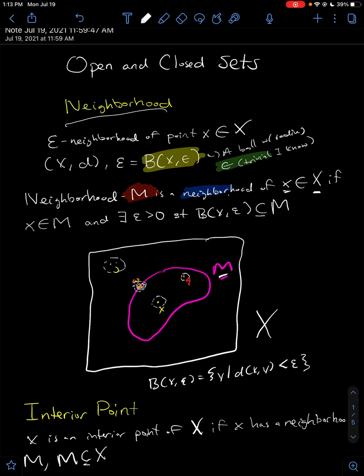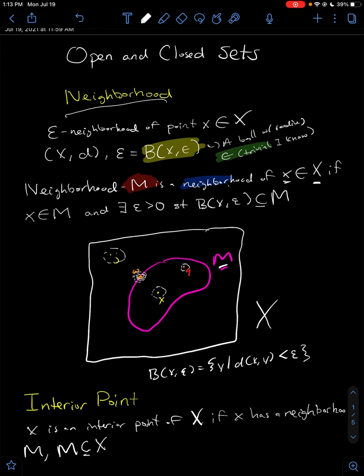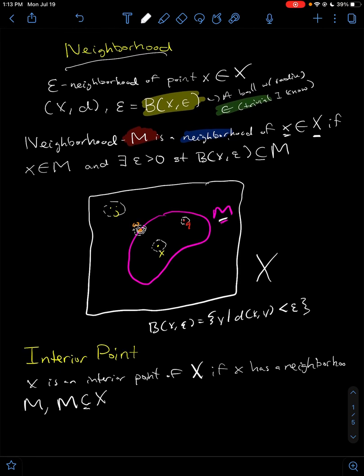So all the points on the boundary of M cannot have M as a neighborhood.